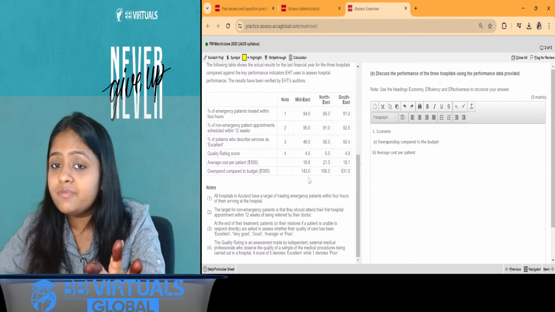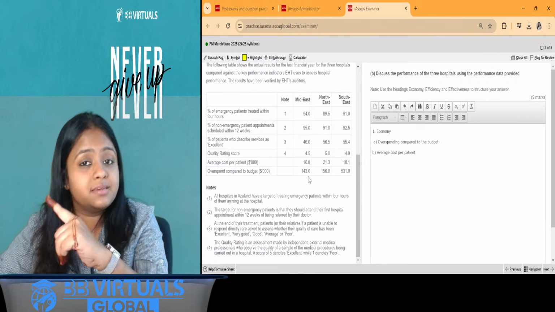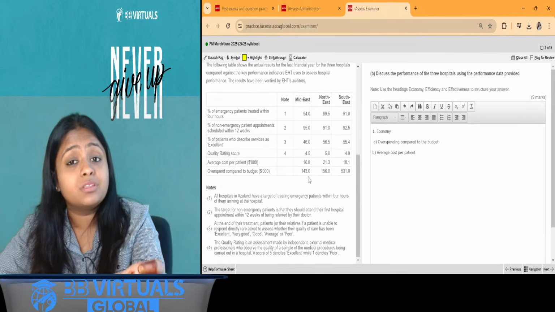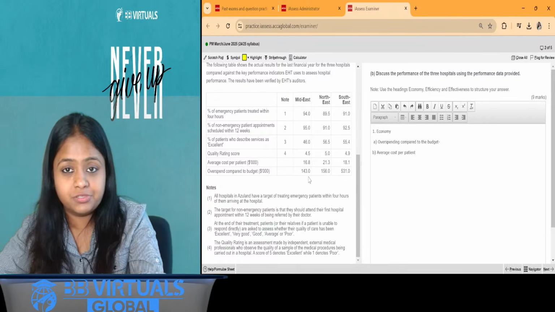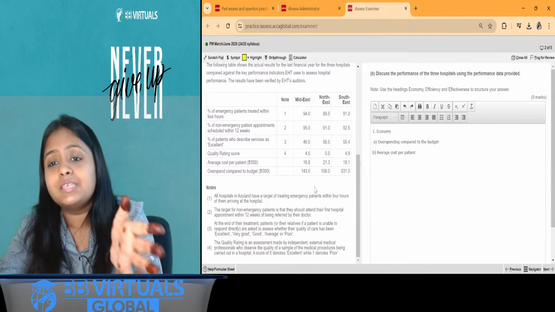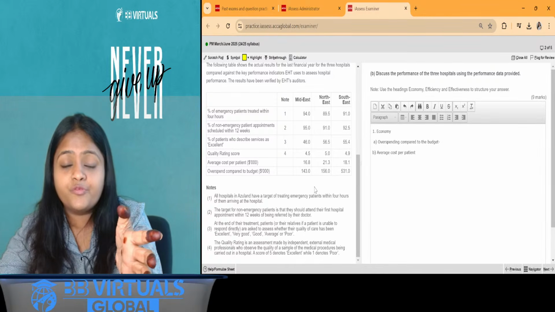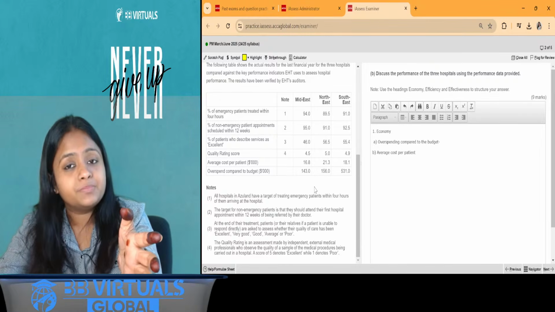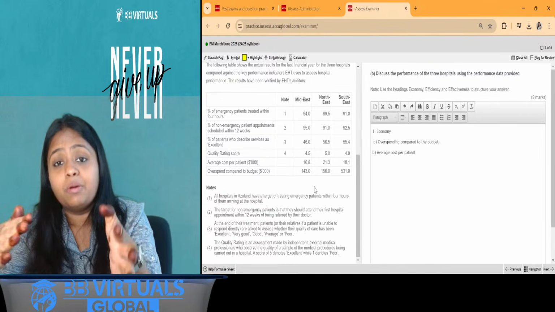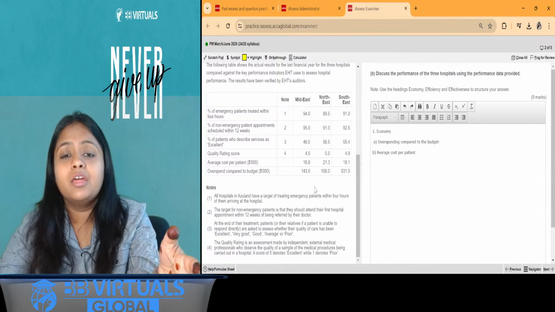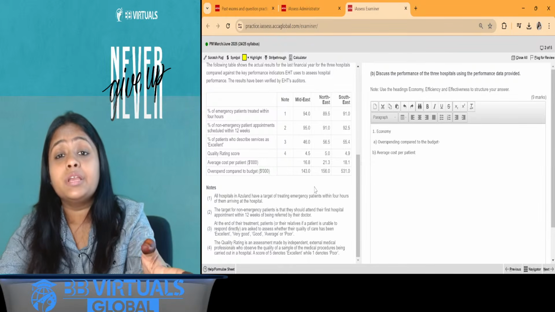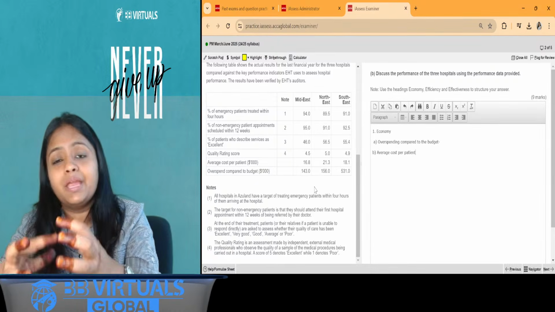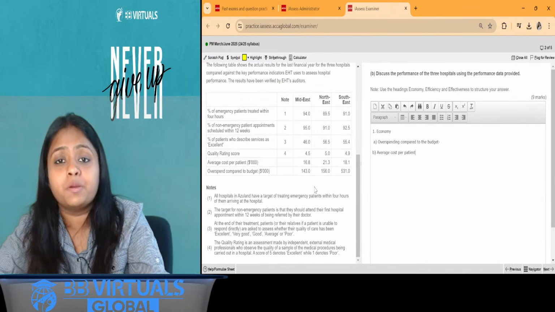But in a service industry, we cannot do a comparison like that. Maybe the three hospitals have a different way of treating the patients, and depending upon the seriousness of the patient's health, the amount of treatment needed, the days of stay needed, the prolonged treatment needed, and the waiting time, all these factors are combined when we look at the average cost per patient.